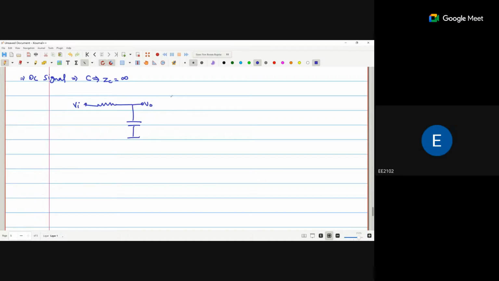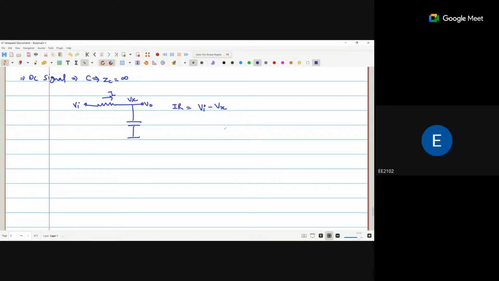Okay, now if we say that this point voltage is Vx, the current I is flowing, so I multiplied by R is nothing but Vi minus Vx.